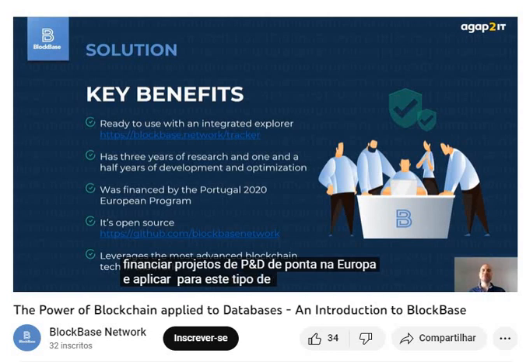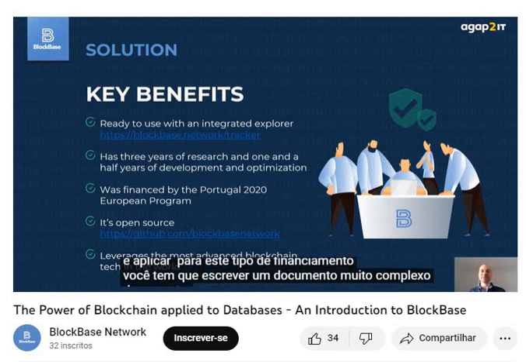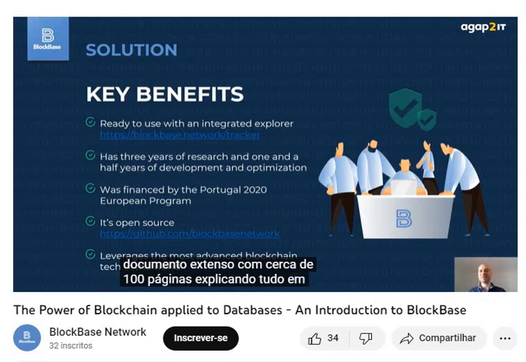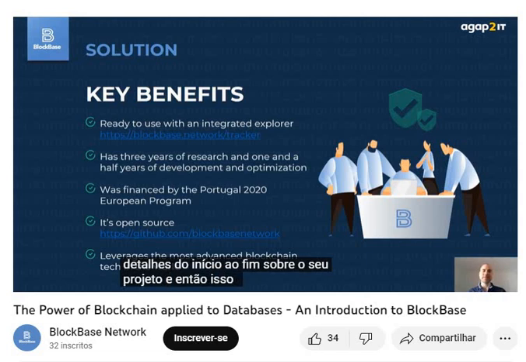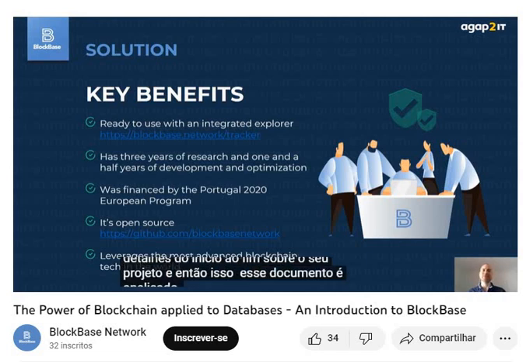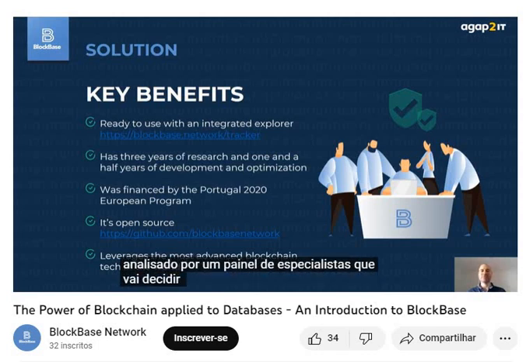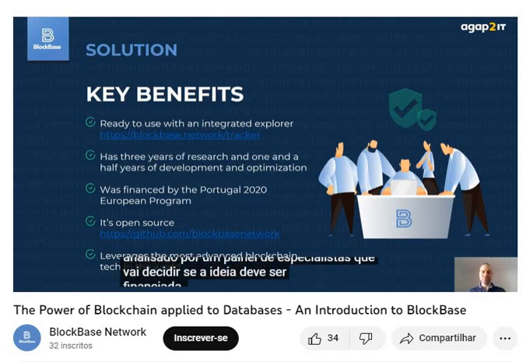And to apply for this type of funding, you have to write a very complex, extensive document, about 100 pages long, explaining everything in detail from start to finish about your project. And then that document is analyzed by a panel of experts that will decide if the idea should be funded or not.